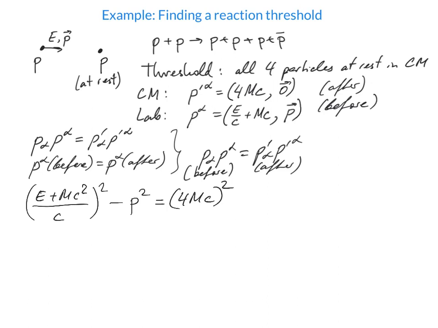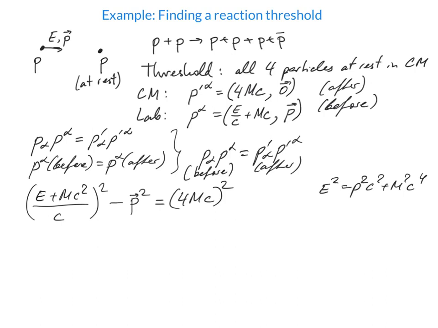So I use the rule for calculating the square of a 4 vector. You take the time-like component squared minus the sum of squares of the space-like components. Now, of course, p here, the momentum of the incident proton, is related to its energy through the relation E squared equals p squared c squared plus m squared c to the 4th.